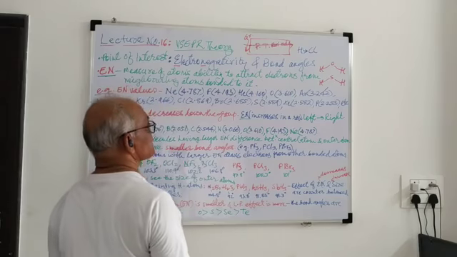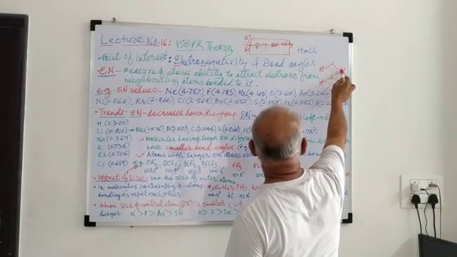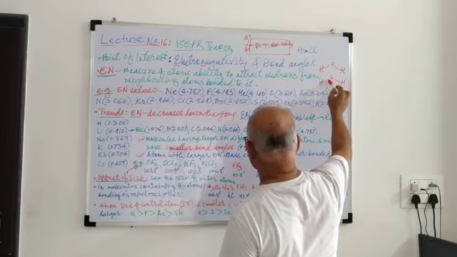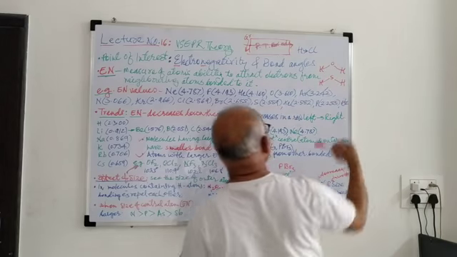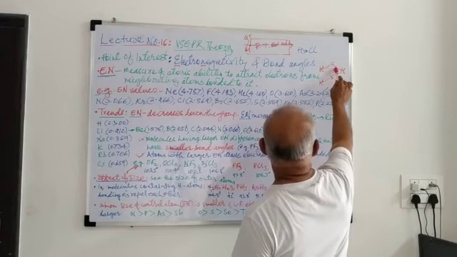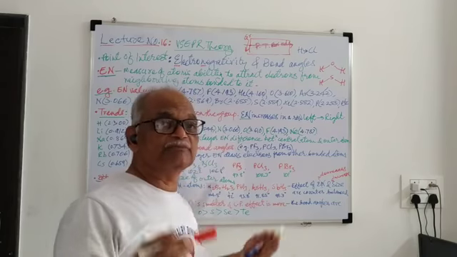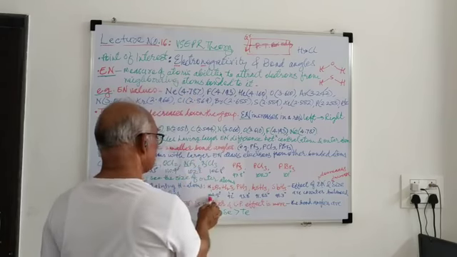Because of this, the bond pairs are closer to oxygen. Here the bond pairs are relatively away from sulfur. The bonding electron pairs which lie closer to each other are repelled more. So the bond angle is more in water.